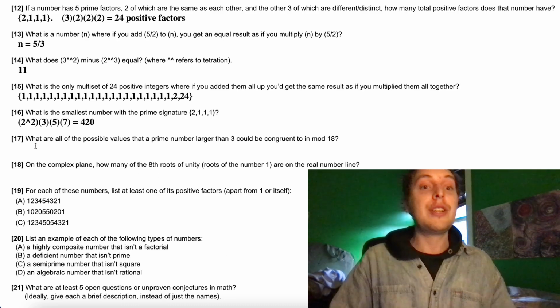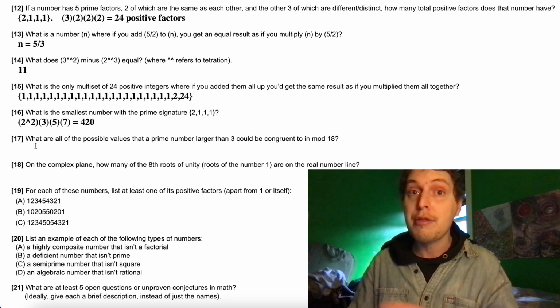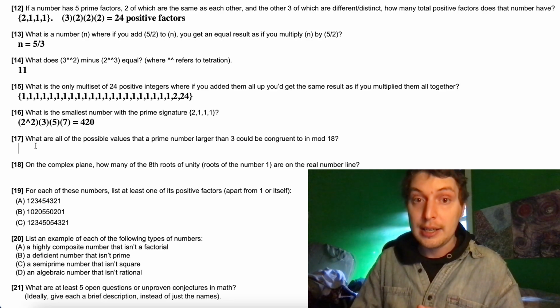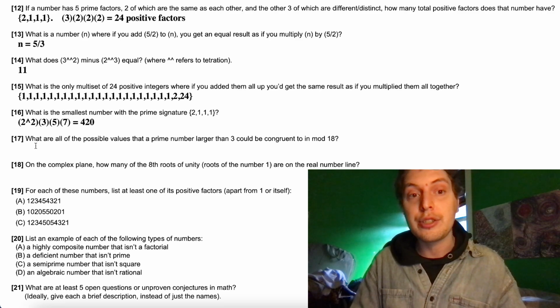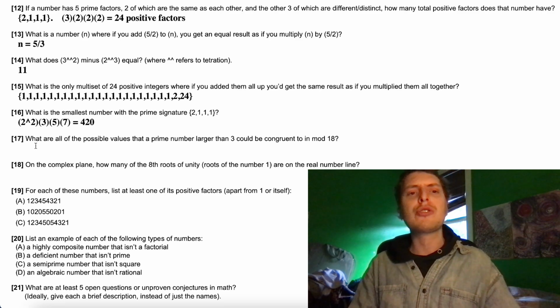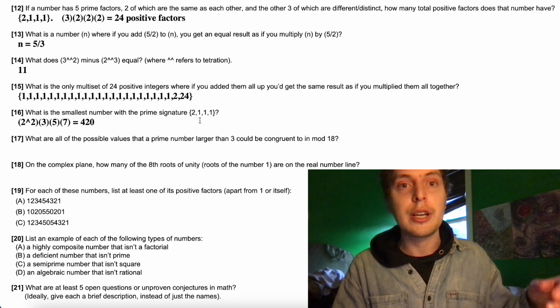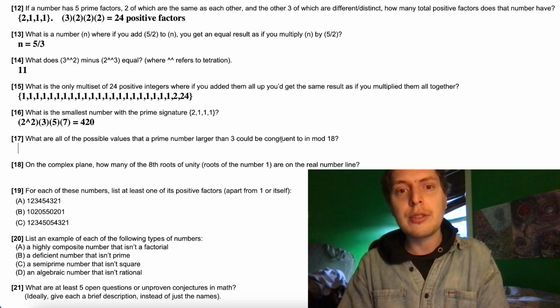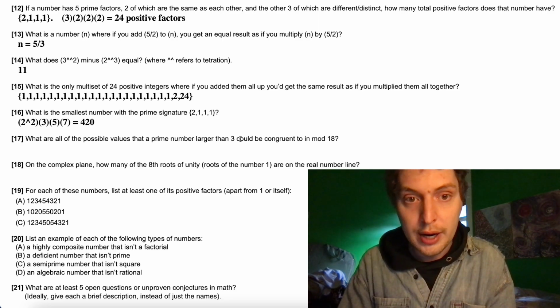Now, number 17 here asked, what are all the possible values that a prime number larger than 3 could be congruent to in mod 18? Now, this is similar to another question when I asked about last digits of bases, but I was asking about square numbers then. That was in an earlier question than 12, but here it's a little different anyway because we're asking about prime numbers, whereas that one was about squares.